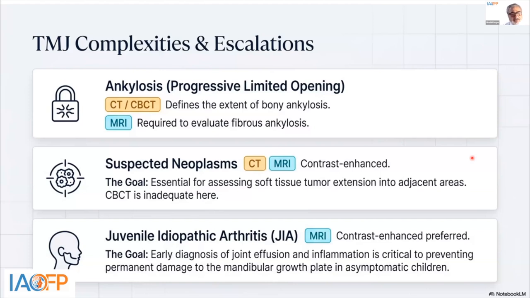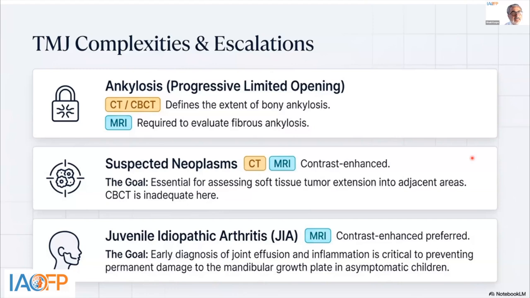Just for clarification, in my practice I send the patients for blood work to rule out any autoimmune diseases. If any of the results are positive for autoimmune disease, like high anti-CCP or ANA, I usually send them for MRI, because MRI is the best modality to detect rheumatoid arthritis in the TM joints.